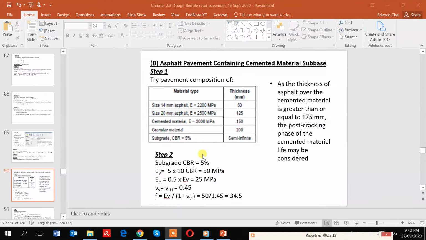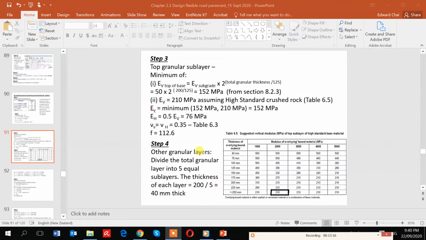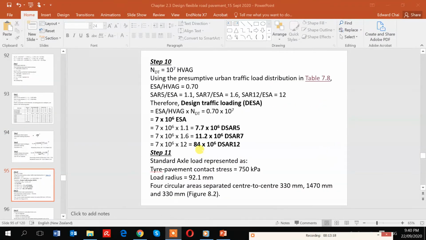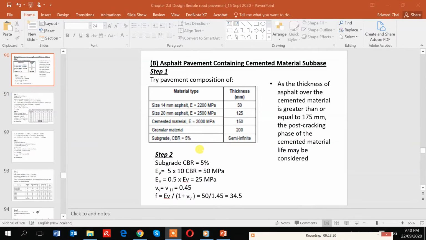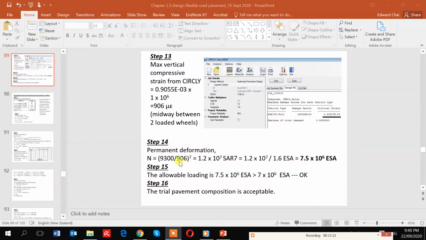Then we see it becomes equal to 1.2 times 10 to the power 7 SAR 7. The unit from this formula is actually SAR 7, which means standard axle repetitions for the permanent deformation or subgrade.